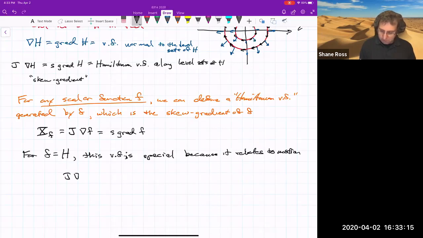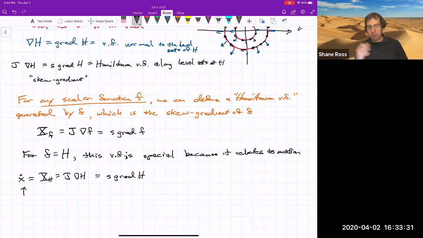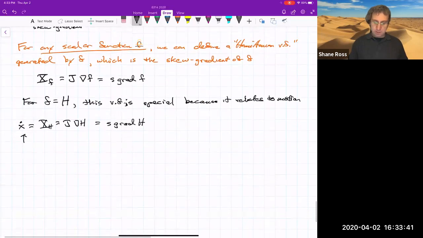So J grad f, what we wrote is X sub H. The skew gradient of H has the special property that it corresponds to how trajectories evolve if we've chosen the right H. Okay, let's try to interpret this grad stuff and S grad stuff in a 2 degree of freedom example.